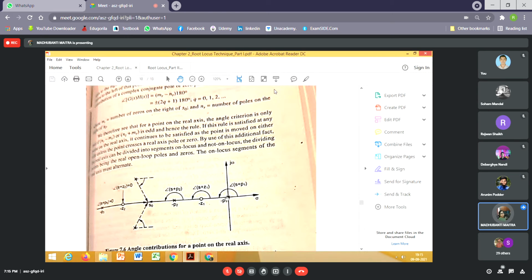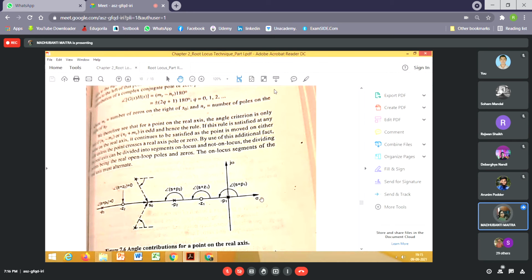So these are the locations of the open loop poles and zeros. So the starting point of constructing a root locus or sketching a root locus is, first of all, to place the open loop poles and zeros on the S plane. And also please note that since you're working on the S plane, you'll have to label the axes.